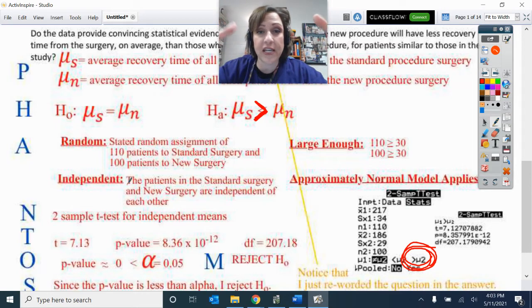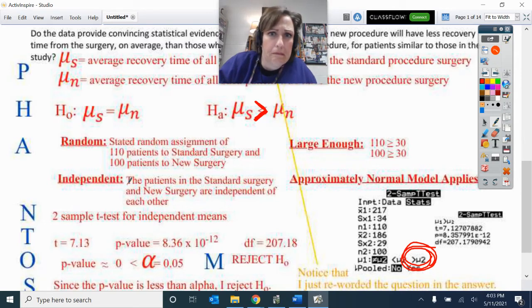And so here we have volunteers. That doesn't meet that criteria. Random selection, and you're not replacing the subjects back into the random selection, okay? Only when you have that do you need to do that 10% condition. So I don't need to say 110 is less than 10% of all patients on the standard surgery, okay?